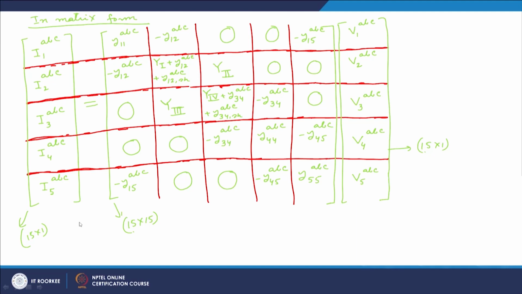So for that reason, we are now considering the same system, but by removing the transformer from the circuit. This is the overall Y-bus matrix which we derived in the last lecture, which also includes the transformer.